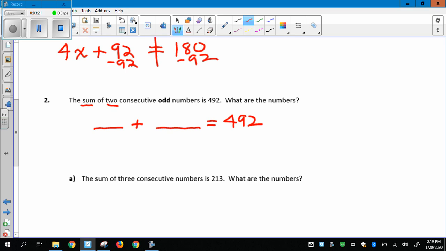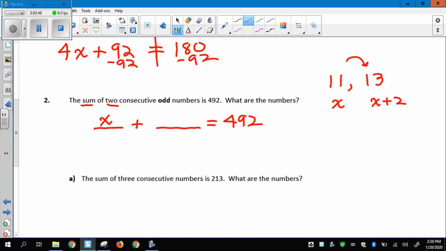Now what I need to do is represent those numbers. And just to give you an example, consecutive odd integers would be like 11 and 13. And so let's let x represent the first one of those. I'll put an x right there. And then you'll notice that the next odd integer will always be 2 more than x. So I can use the expression x plus 2 to represent the next odd integer.